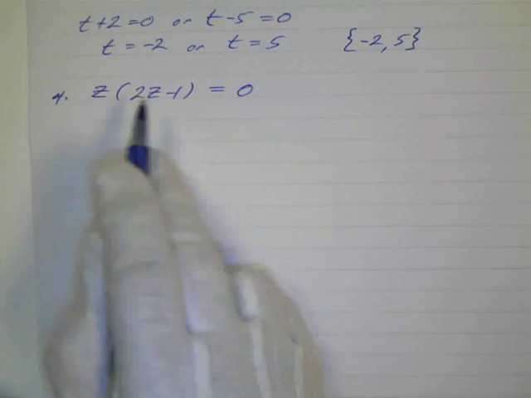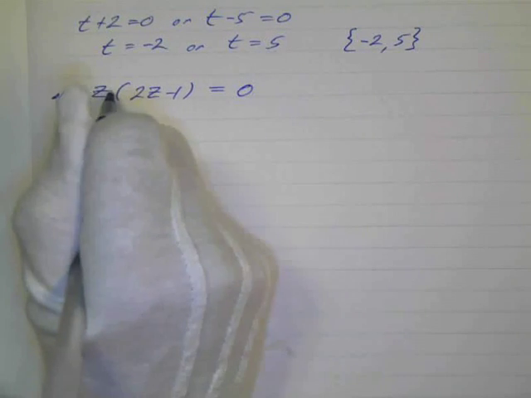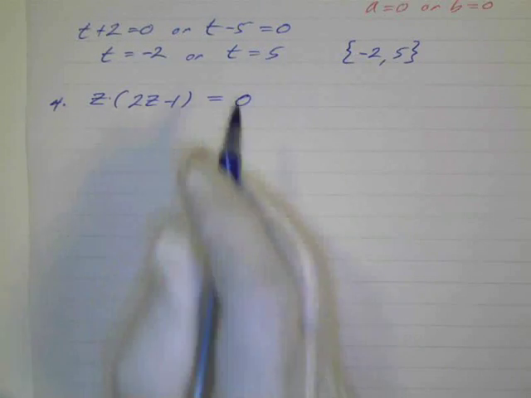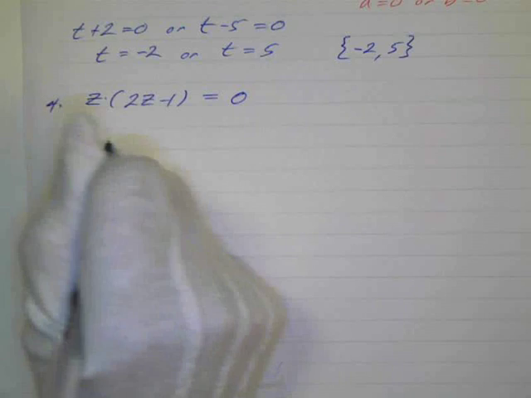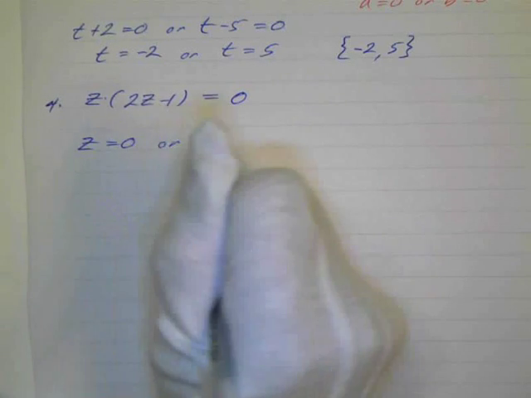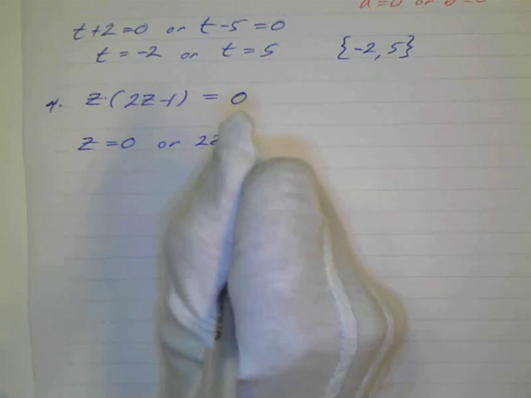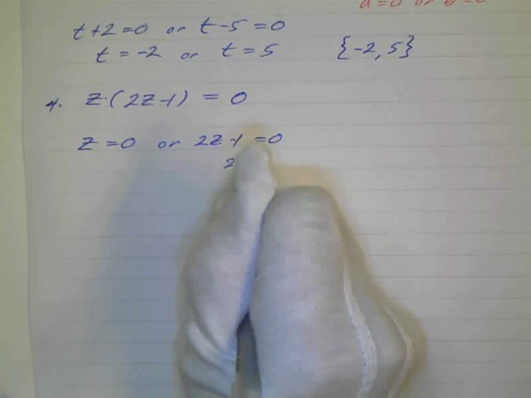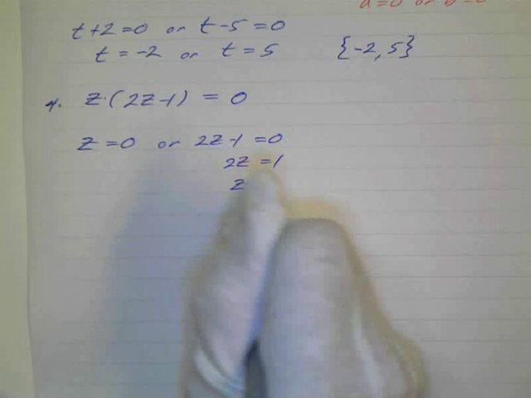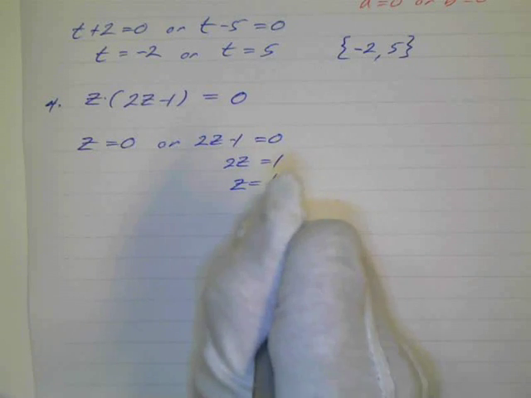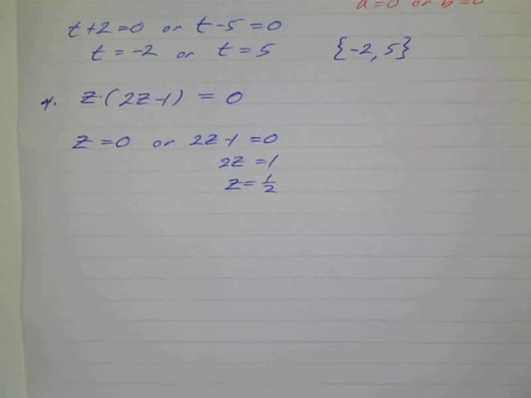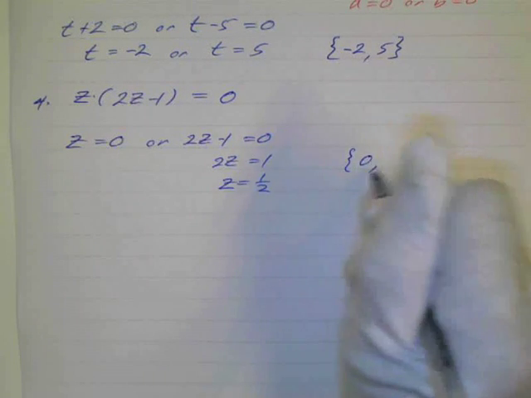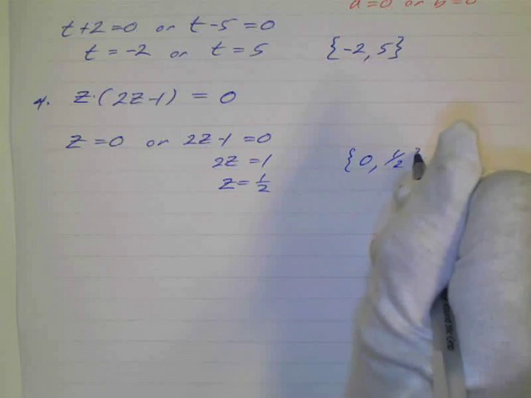So in this case, we know that we've got two factors. z is one factor, and 2z minus 1 is another factor. It's a binomial factor, but it's still a factor. So we know either z equals 0 or 2z minus 1 equals 0. And if we solve this, we would add 1 to both sides. So 2z would equal 1, and z would equal 1/2. So your solution set would be the set containing 0 and 1/2.